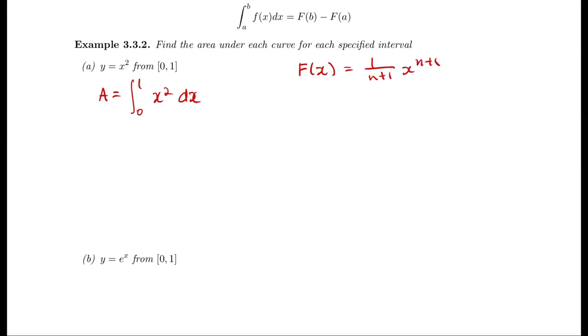Since n here is 2, we're going to have 1 over 3 x to the power 3, between 0 and 1.